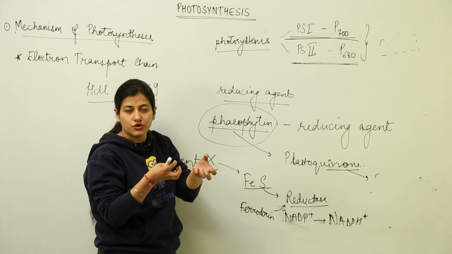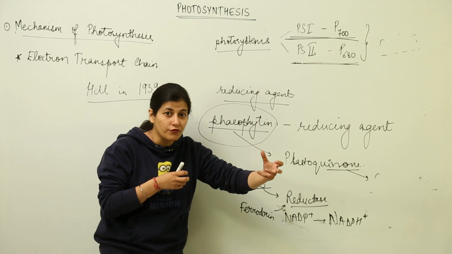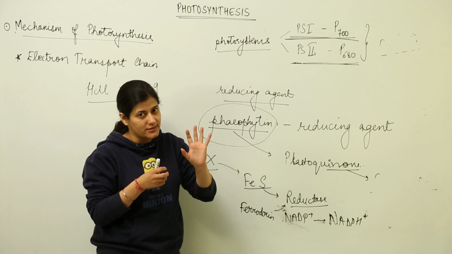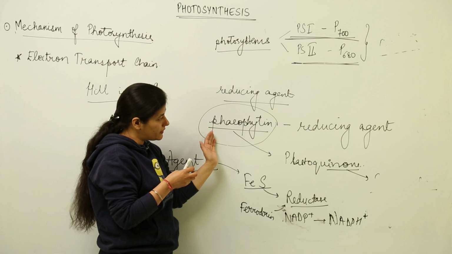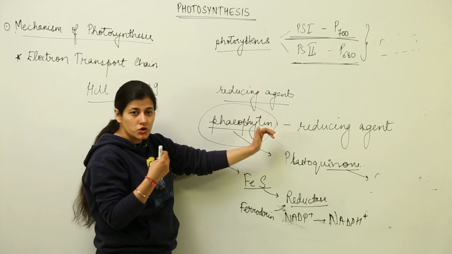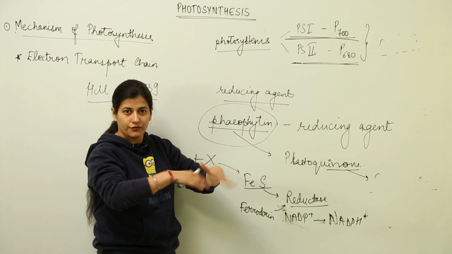Pheophytin takes up that electron. In the meantime, the photosystem which was devoid of electron takes up its electron from the water molecule itself. Okay, its thirst is quenched. What about the electron that was excited? This electron goes to pheophytin, makes it a strong reducing agent ready to get rid of its electron.